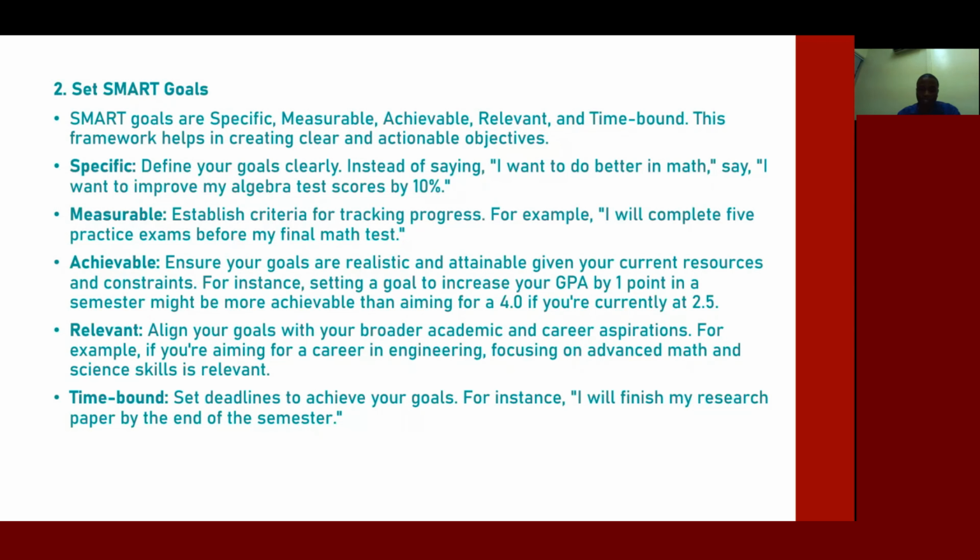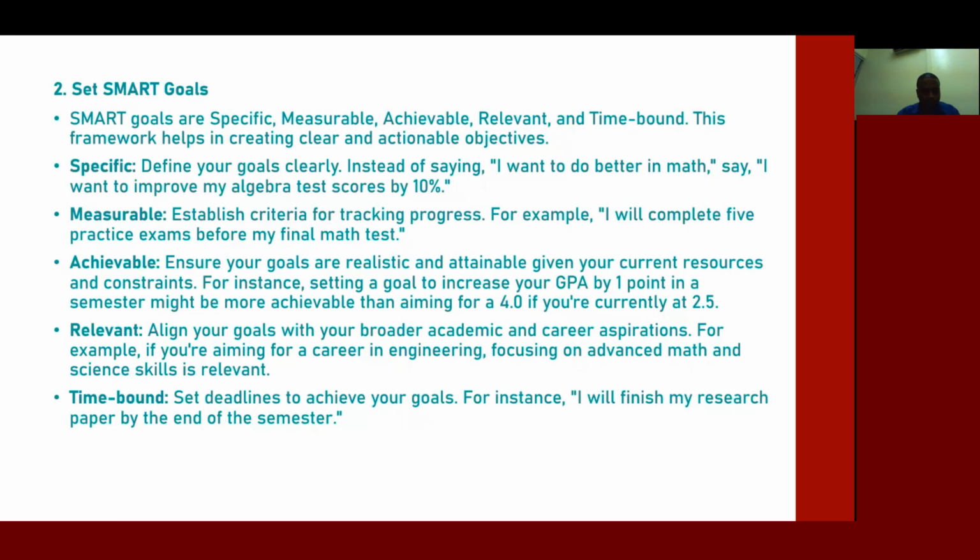For example, I've given an example here of someone who wants to do better in math, but they're supposed to say, I want to improve my algebra test scores by 10%. Just be specific, because maths is a broad field. So there's that specific area that you feel, this is what I'm actually not good at. So you just focus yourself on that specific area.